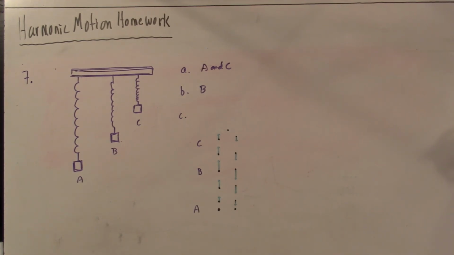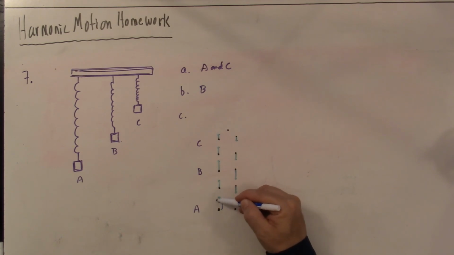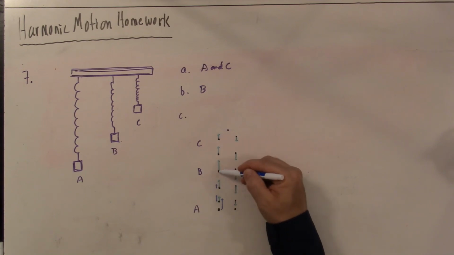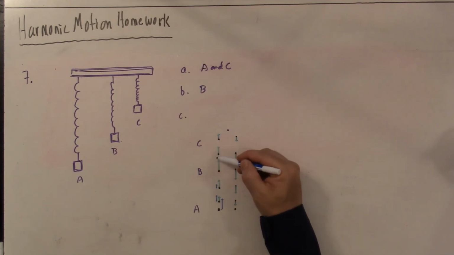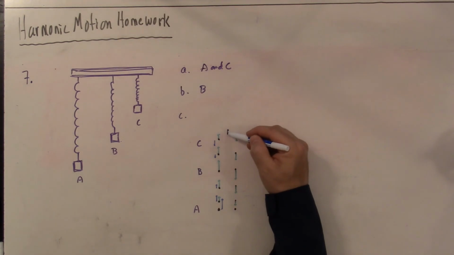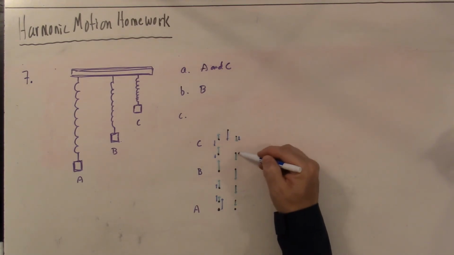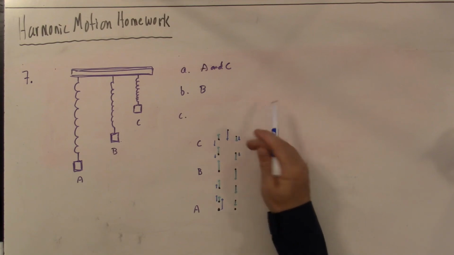If I want to look at the acceleration, even though it stopped here, it has a large acceleration because that's where it's most stretched out. So large acceleration, and this one smaller acceleration, and this one even smaller. No acceleration here. Now it's moving up but slowing down, so it has some acceleration here. Some acceleration here. Huge acceleration here. And then obviously these should match.